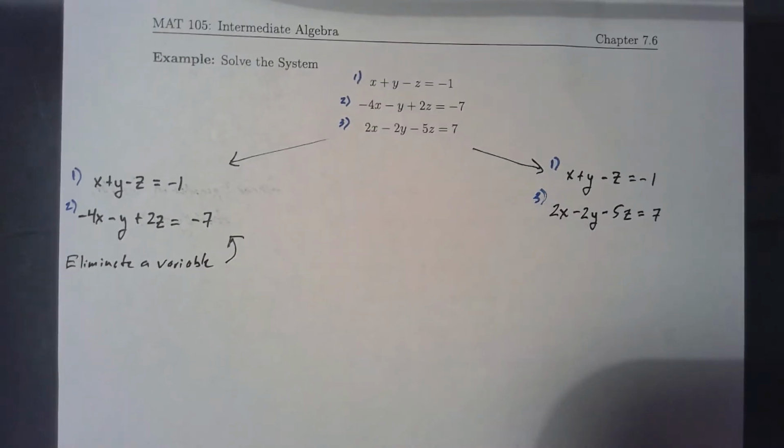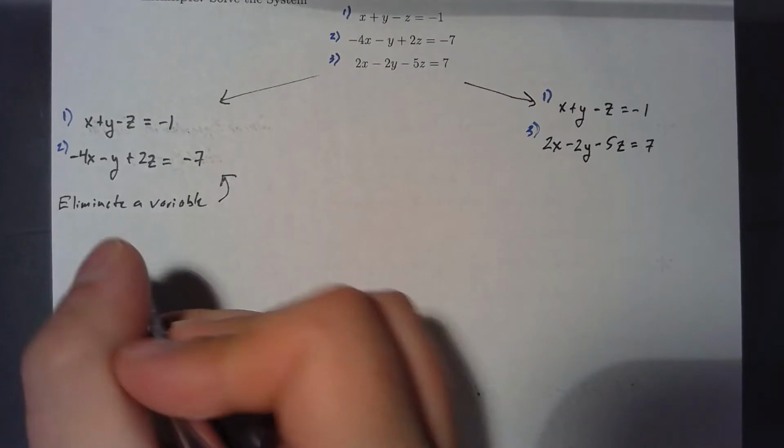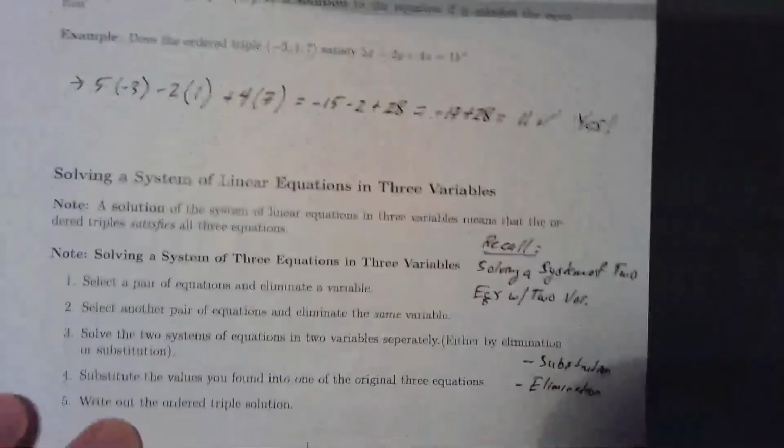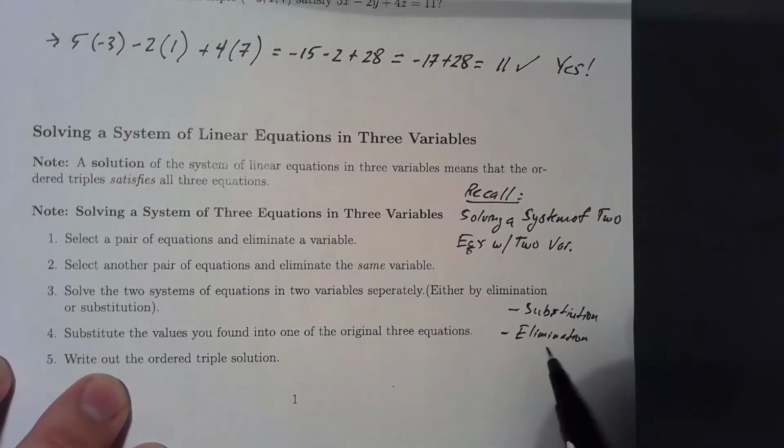In this system, which variable do I want to eliminate? Which method do you think is going to let me eliminate a variable? The elimination method? Duh.